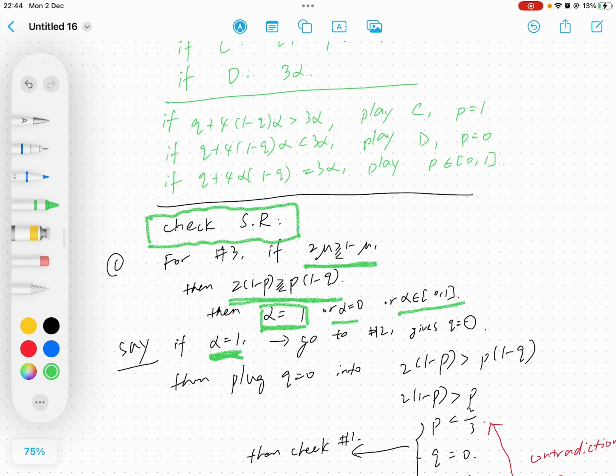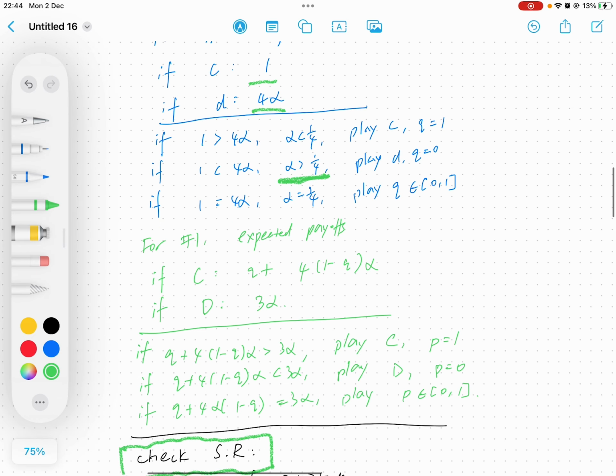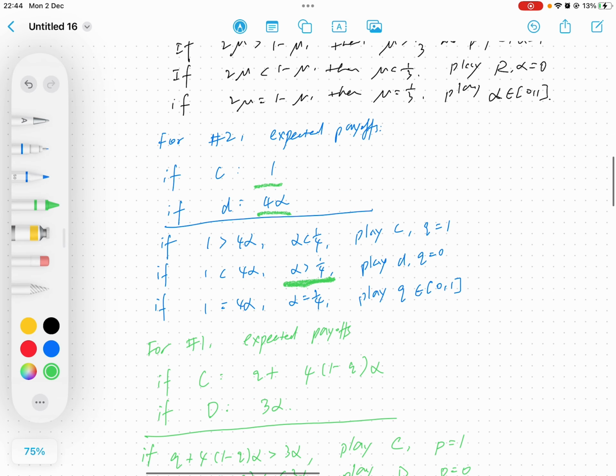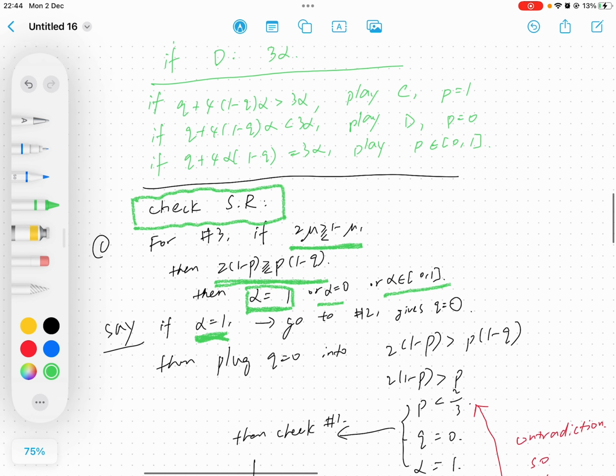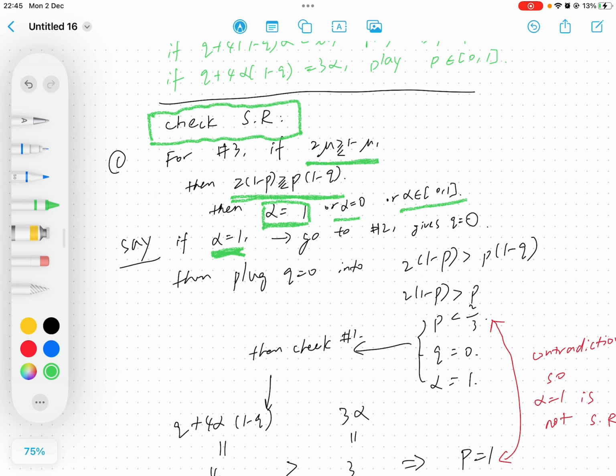Let's check that. If alpha is 1 and we check player 2's expected payoff, since alpha is greater than a quarter, player 2 plays D, and q is 0 for sure. Good.